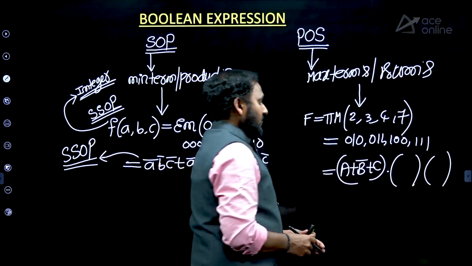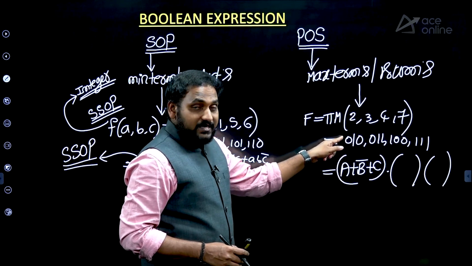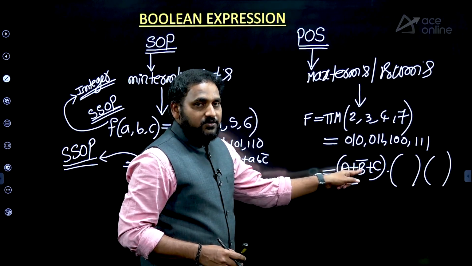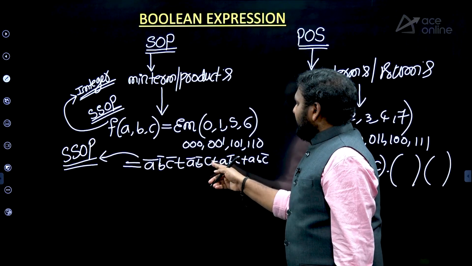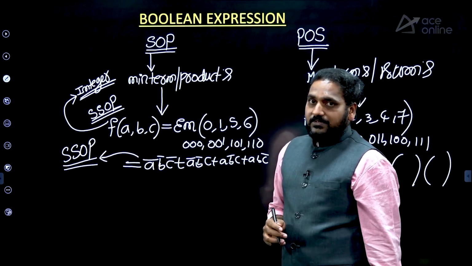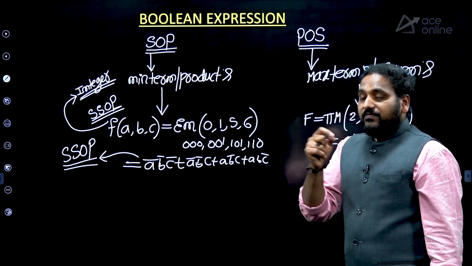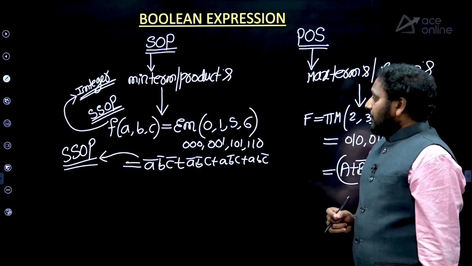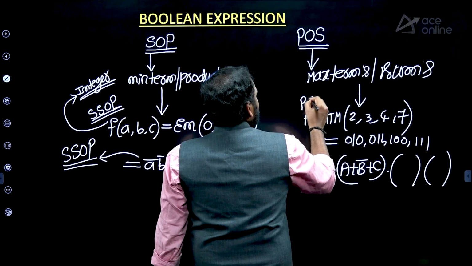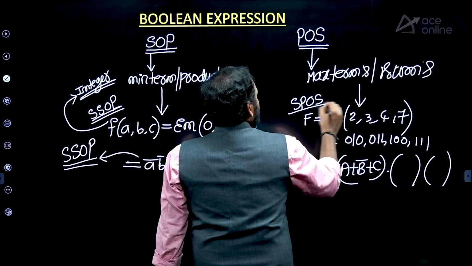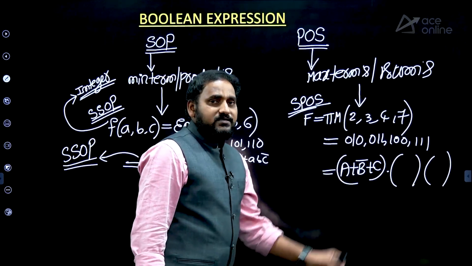I am not writing it all. In POS, 0 should be assigned for a variable and 1 should be assigned for the complement of the variable. But in SOP, 1 is assigned to a variable and 0 is assigned to the complement of the variable. That is the main difference between SOP and POS expanded form representations. Similarly, we can call it standard POS. The first one is in integer form, the second one is in expanded form.